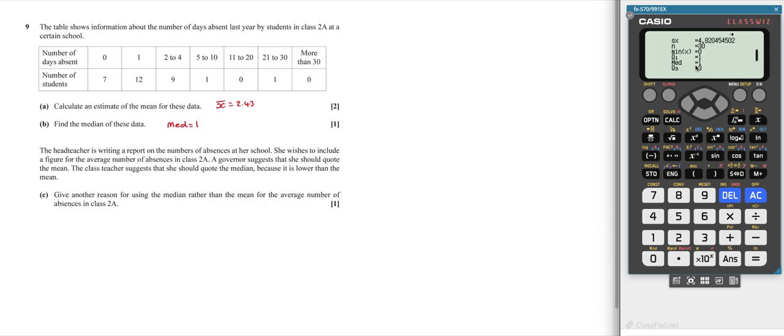Standard reason: median is unaffected by extreme values. That 21 to 30 is bumping the mean so much further up than it actually needs to be.